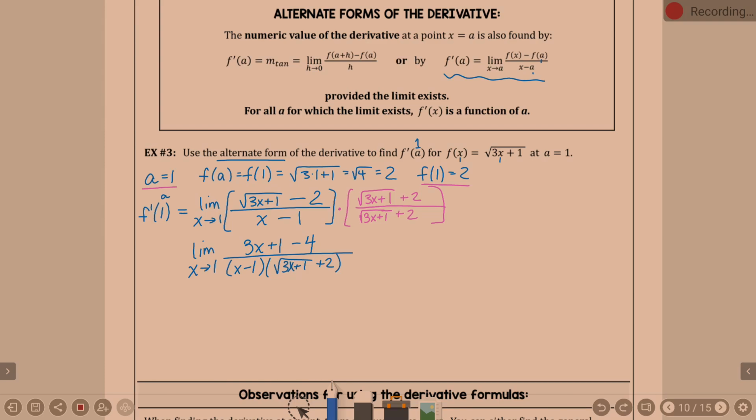Something good will happen without us multiplying it out. Okay? Let's do some cleanup. What happens in the numerator? Combine like terms on top, and this becomes 3x minus 3, still over x minus 1 and square root of 3x plus 1 plus 2.